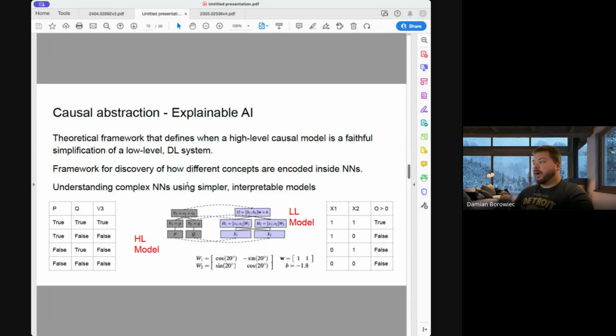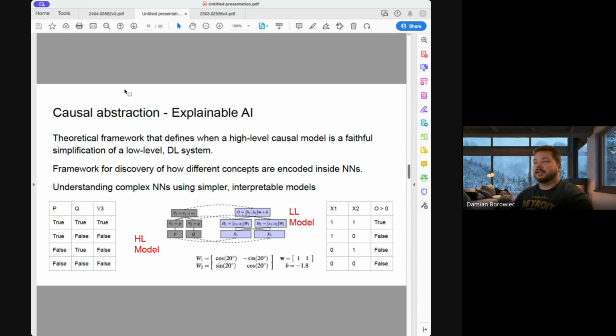So now what I wanted to talk about is the intuition behind ReFT and this representation fine-tuning, and how the authors came up with the idea of representation fine-tuning. In the area of explainable AI, there is a methodology called causal abstraction analysis.